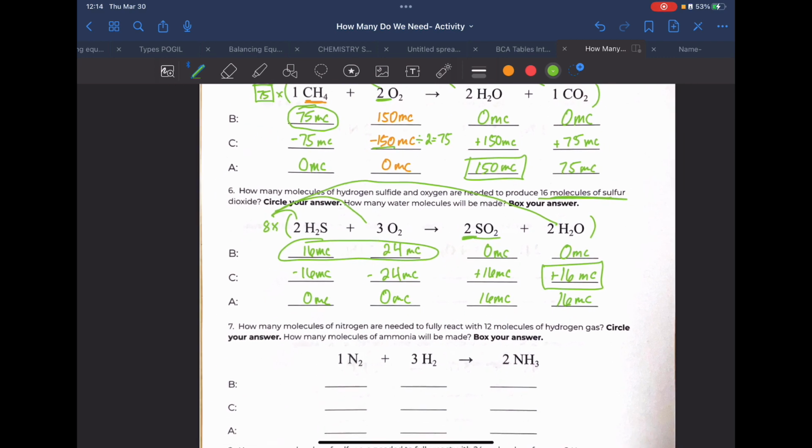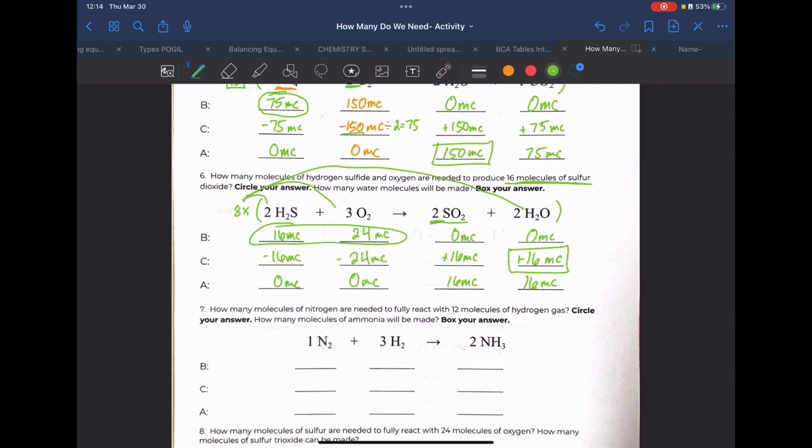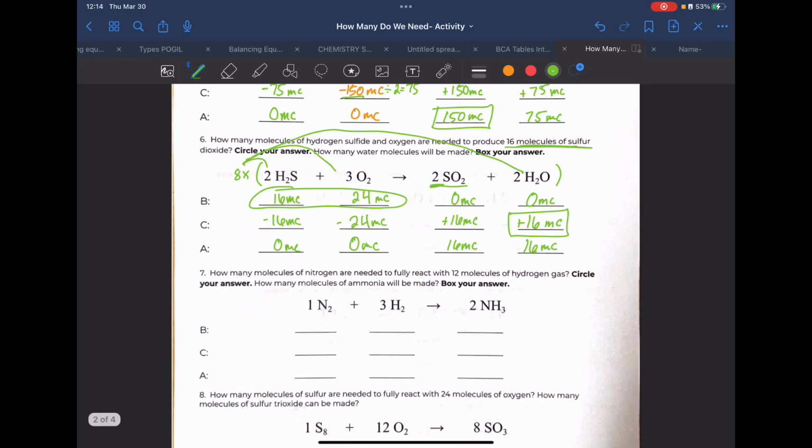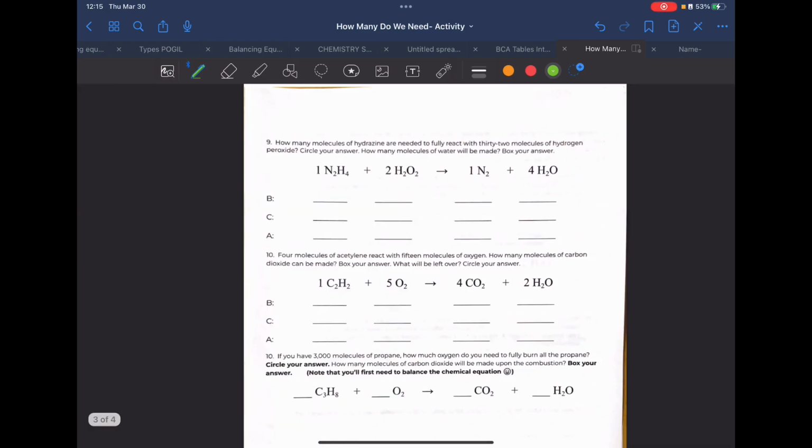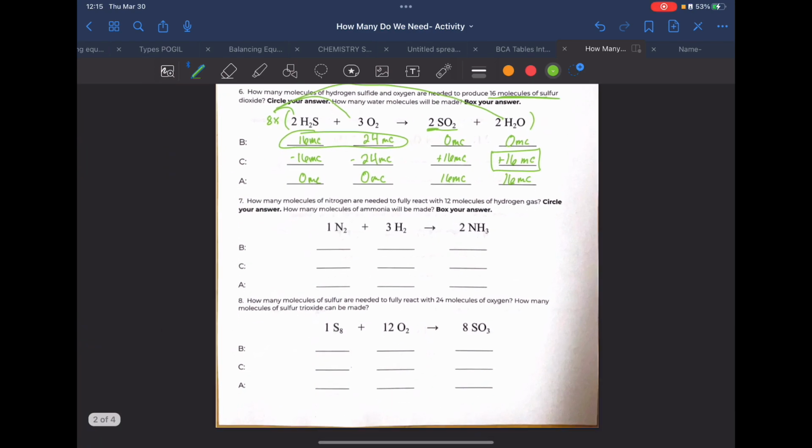And I can't give you credit for knowing how to do stoichiometry, because stoichiometry is like actually doing the conversion or getting the answer, I guess. You can't just fill in the table and then say that you know how to do stoichiometry. There's more, I don't want to do all of these.